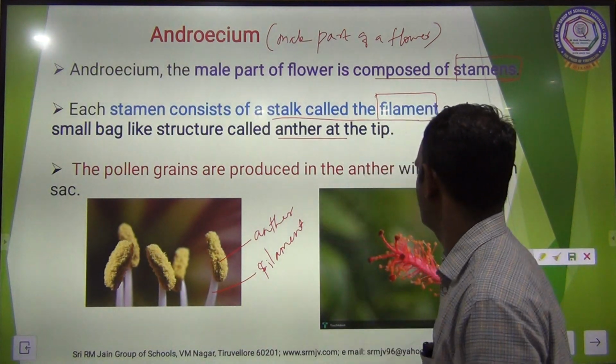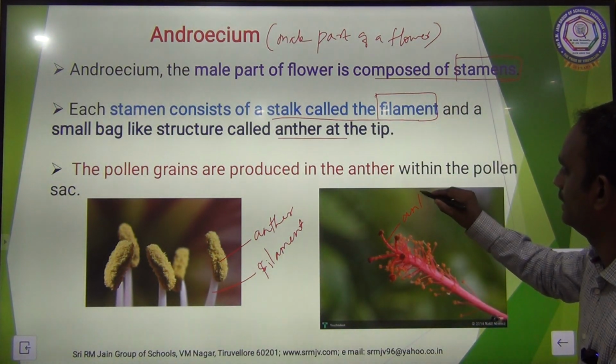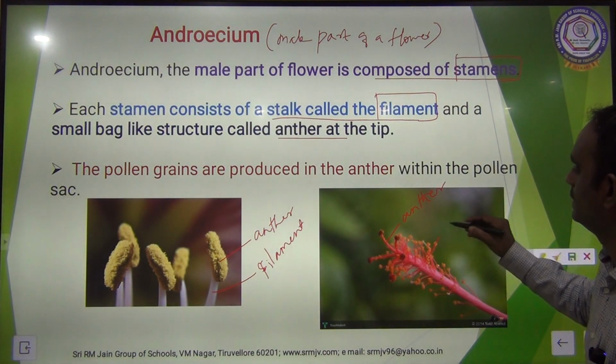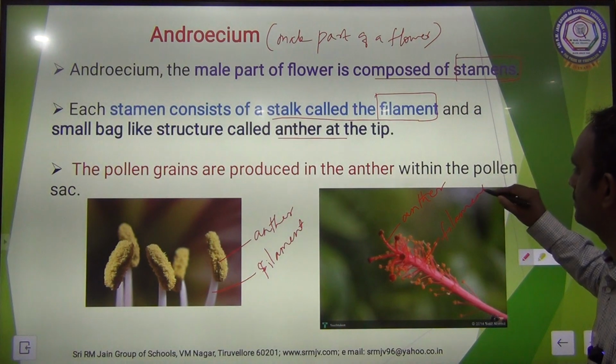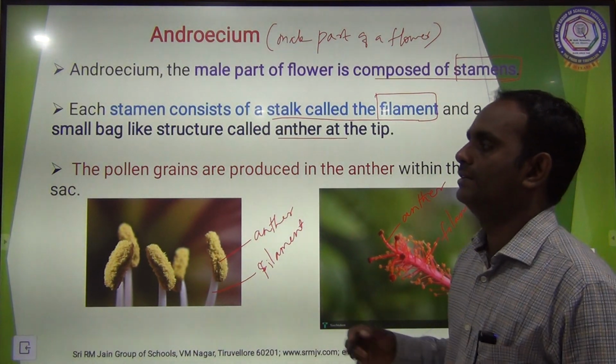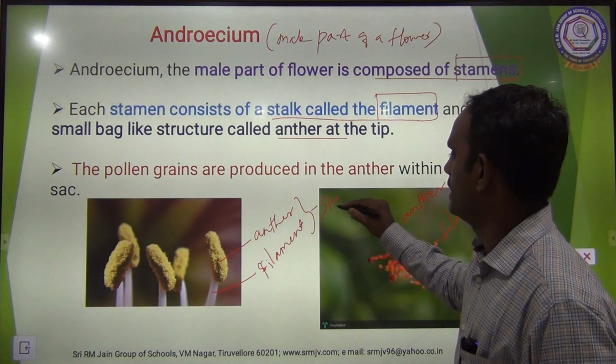See here, anther, and this is called filament. So these two are said to be stamen.